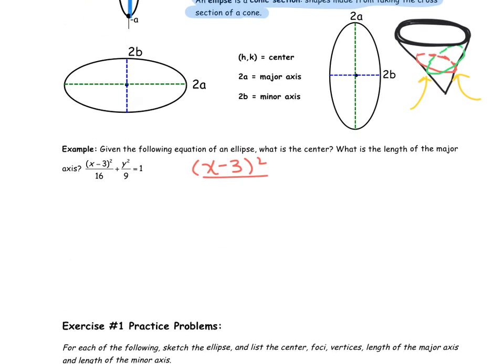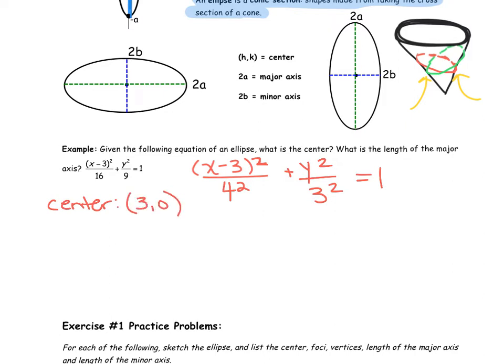So we're going to rewrite this, instead of 16, as 4 squared, just to be a little bit more helpful, plus y squared over 3 squared equals 1. This is actually going to be pretty nice for us to solve and evaluate because it's already equal to 1. You always have to have the equation of an ellipse equal to 1. Well, very similar to the formula for a circle, our center will be at (3, 0).